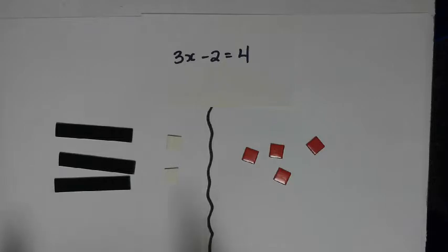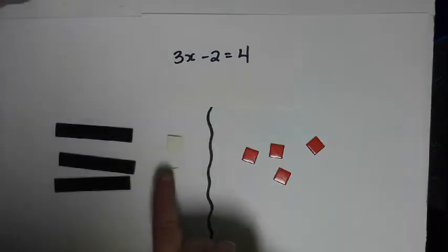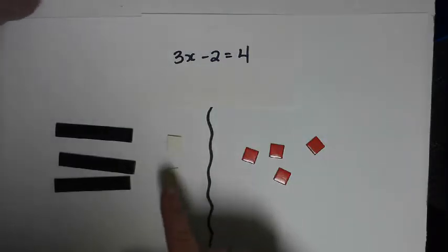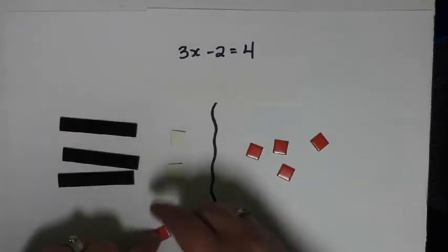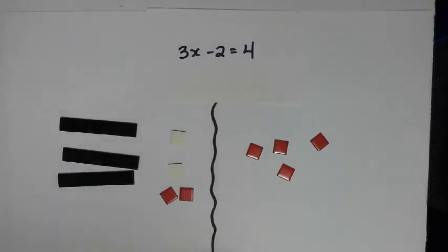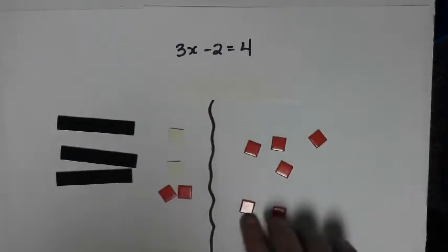Hopefully you said I want to get all the x's on one side and all the units on the other. The way we're going to do that is take those two pieces and try to zero them out. To zero them out, I'm going to add in 2. When I add in the 2 on one side, I've got to add in the 2 on the other. Right on.